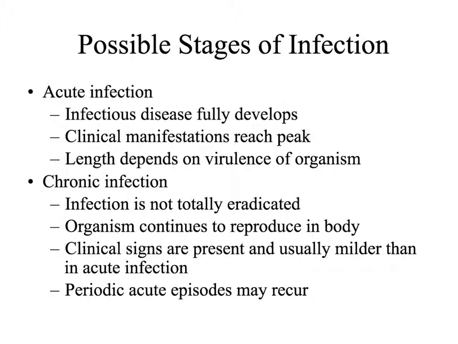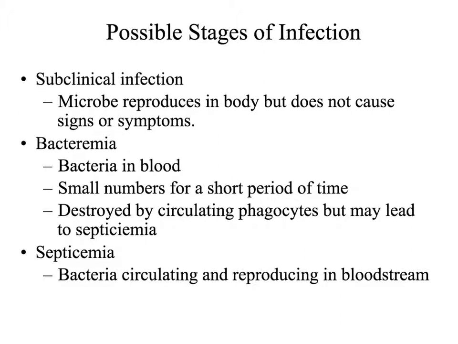Okay, so acute infection, you have your signs and symptoms. A chronic infection is when maybe you had an acute infection, you took some antibiotics, you started to feel better, but then you remained sick, right? So this could be a case of somebody who didn't take their whole dose of antibiotics, and they remain subacute for a long period of time. Okay, subclinical.